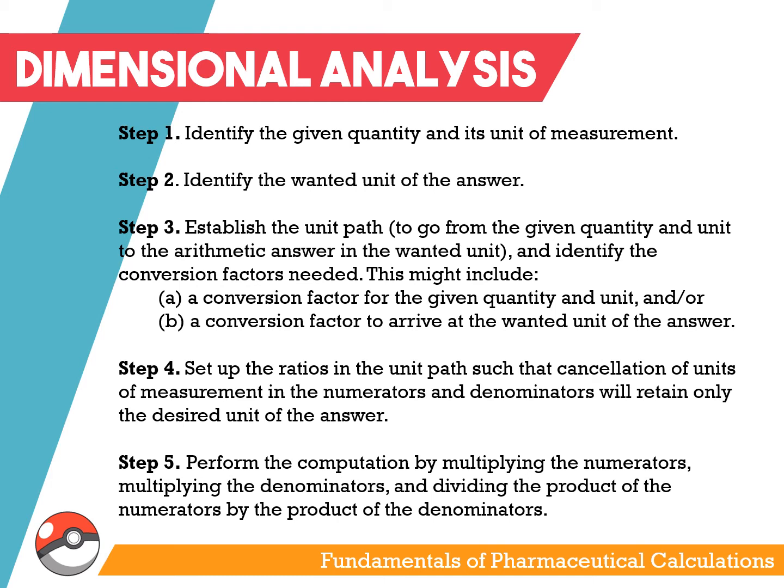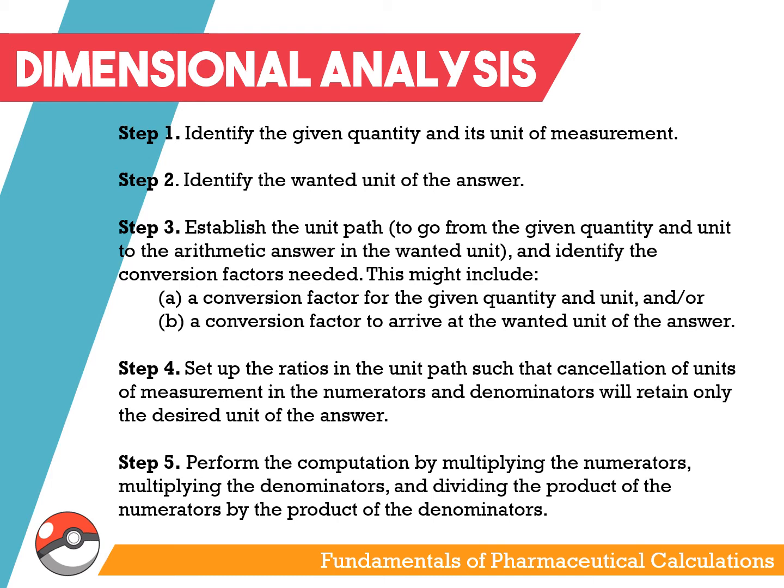For example, 5 pounds divided by 1 pound. So 5 divided by 1 is 5, but what unit will be left? There will be none, because both the numerator and the denominator have pounds as their unit.